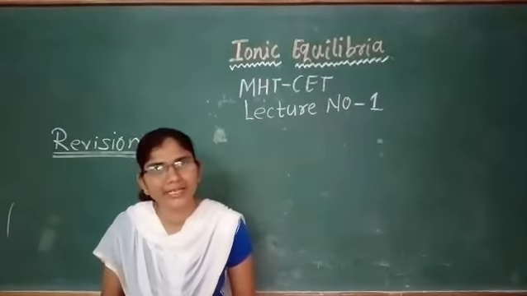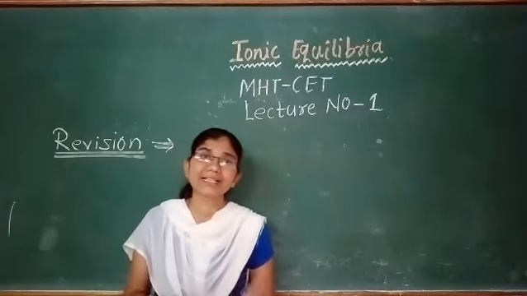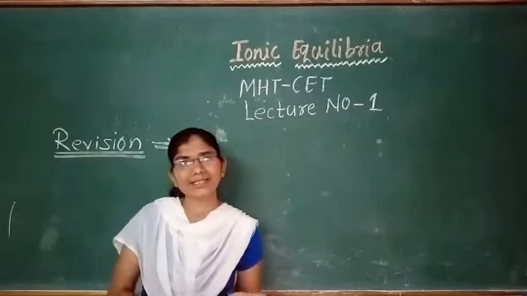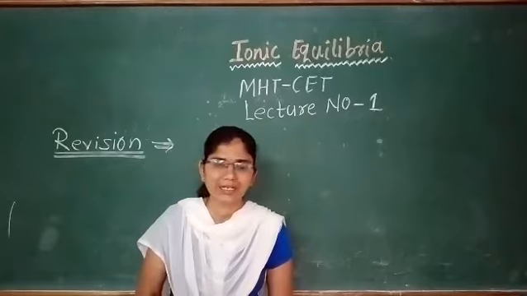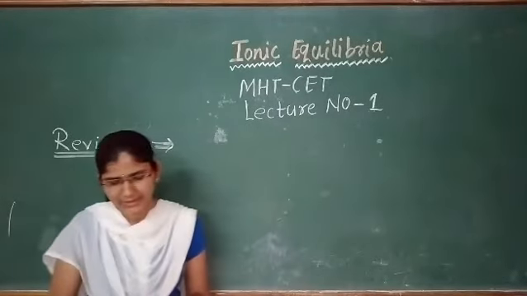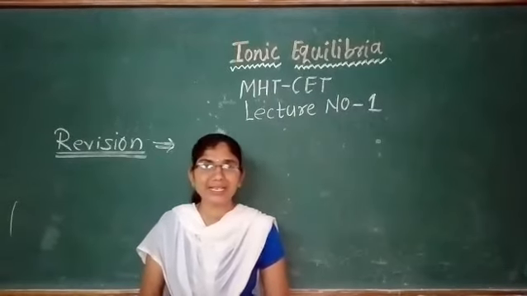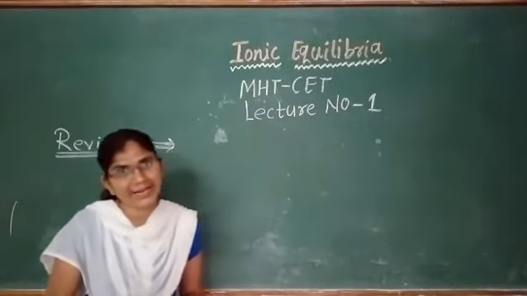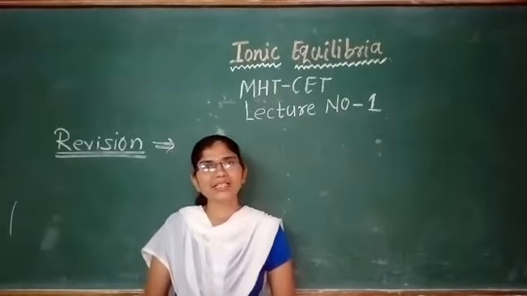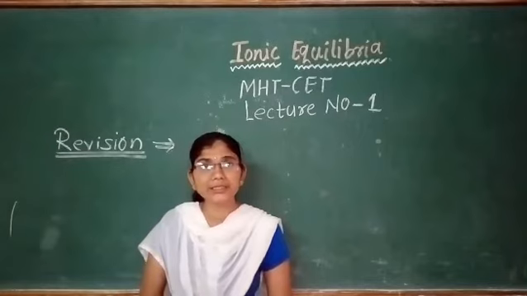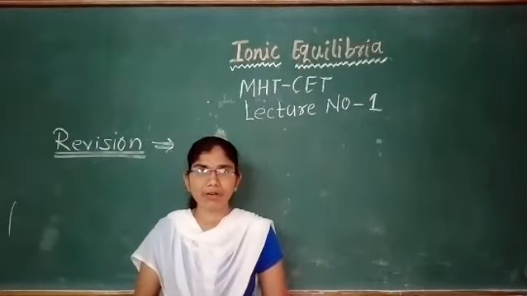Ionic Equilibria is defined as the equilibrium that exists between ions and its undissociated molecule. That means the equilibrium which is established between the ions and the unionized molecule is called an Ionic Equilibrium. But how are the ions formed?